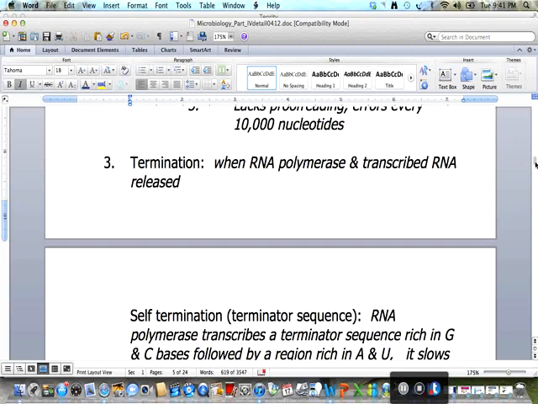Termination is the phase when the RNA polymerase and the transcribed RNA are released. Self-termination uses a terminator sequence. The RNA polymerase transcribes a terminator sequence rich in G and C bases, followed by a region rich in A and U. Transcription slows in the GC region because there are 3 hydrogen bonds between guanine and cytosine instead of the 2 in adenine and uracil.